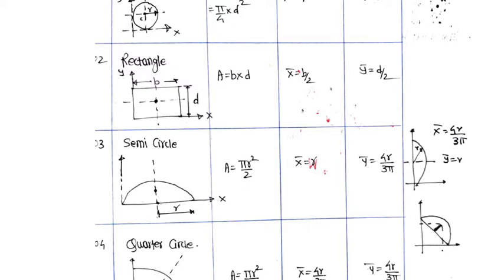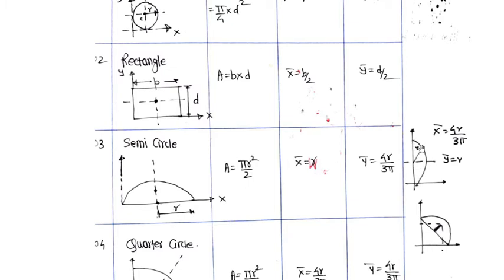Now, if I place the same semicircle with a different orientation, again in the first quadrant, and I ask you to calculate x bar and y bar, you can now use this table. First, as per our procedure, draw the line of symmetry for the given figure.